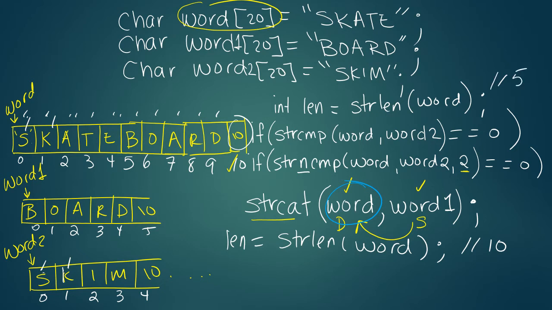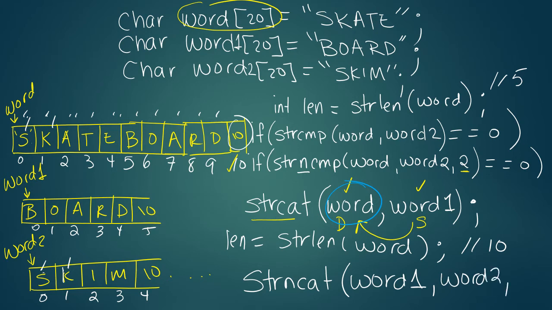All right, then one more function I'm going to show you right now is strncat. So strncat also has the destination and the source. You just say how many characters you want to. So I want to concatenate onto the end of word 1 from word 2, 3 letters, just to say, okay?